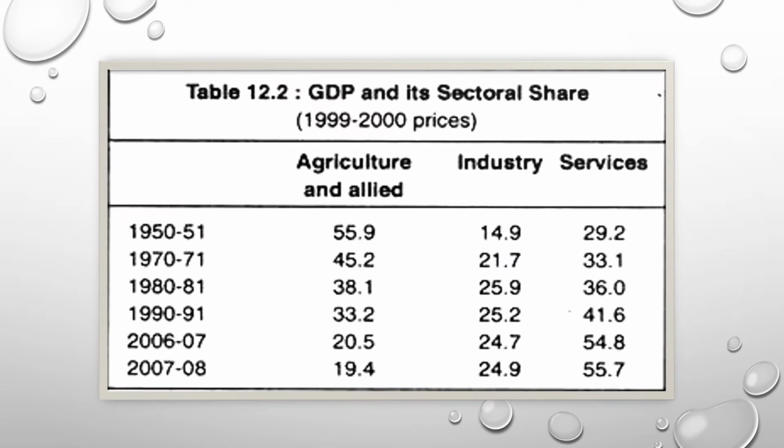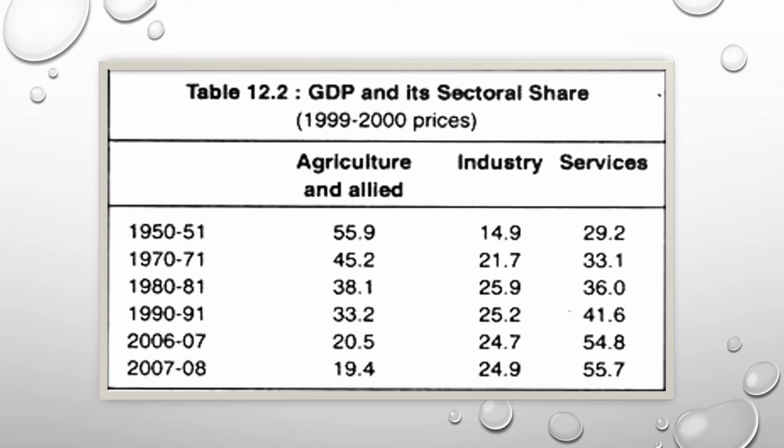Now, students, see the chart, see the table. Here you can see the contribution of Indian agriculture, industrial sector and service sector in our GDP in different years. In 1950-51, the contribution of agricultural sector or the primary sector was high. The lowest contribution was industrial sector.